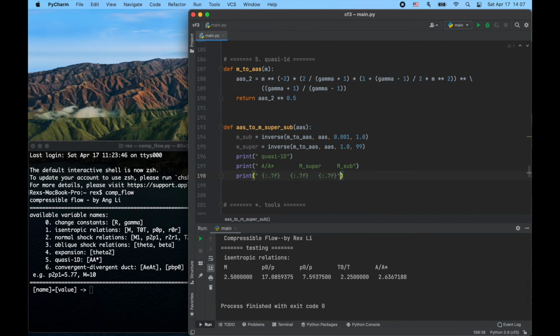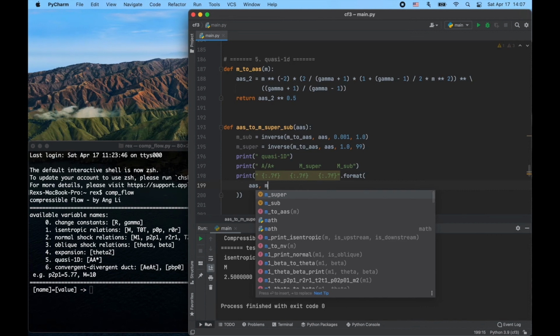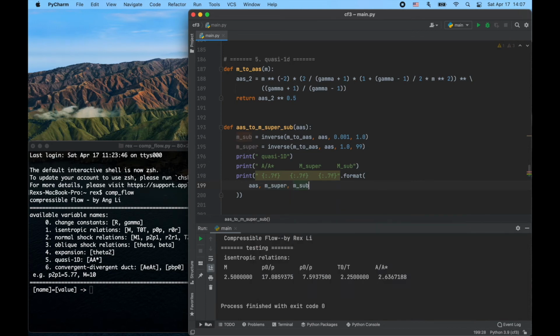So let's try it. Remember this value, A/A star, has to be larger than 1. Let's say it's 2.3.